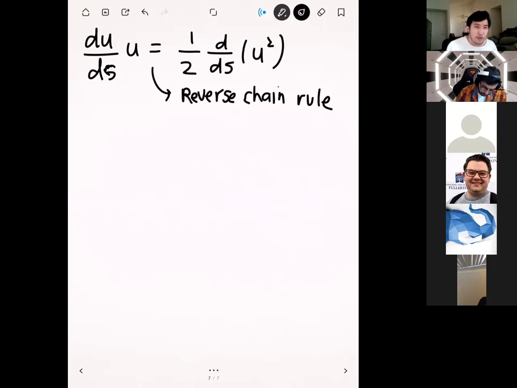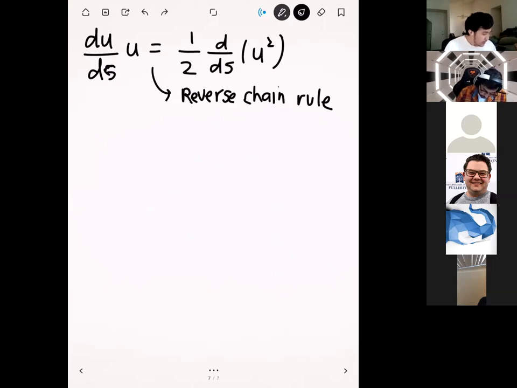Reverse chain rule is a trick that, if you haven't seen it in a previous class, is abused a lot in applied physics classes like fluids, but it's not really taught in math classes, because in math classes you're taught to go the other way. You're taught to use the regular chain rule, but the reverse chain rule is really useful for derivations like this, because it helps you get terms in more convenient forms.